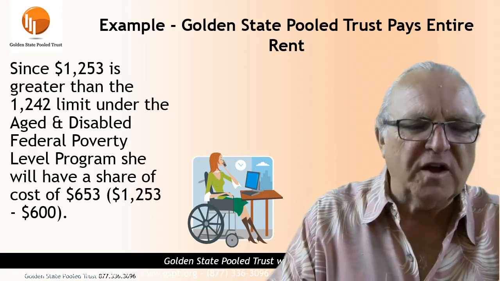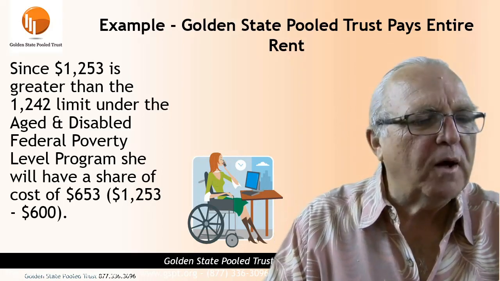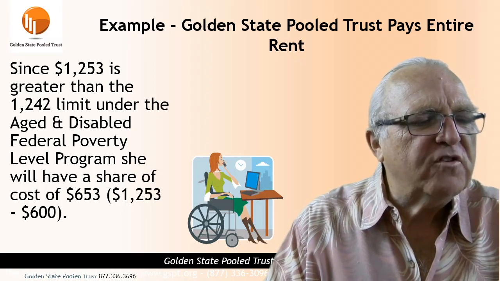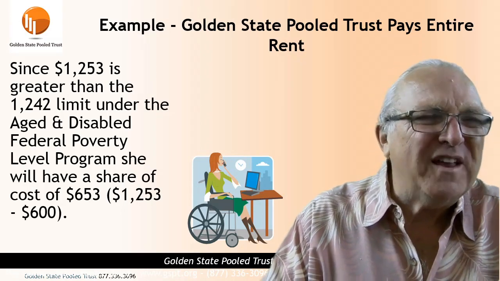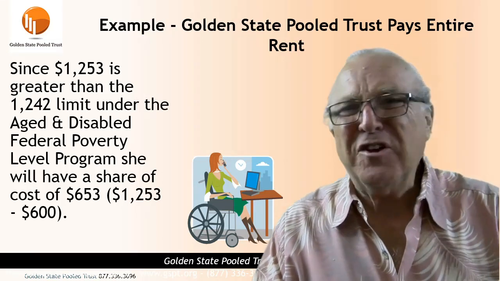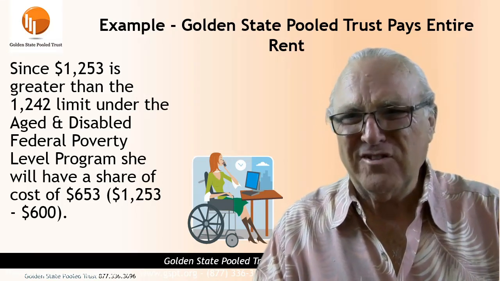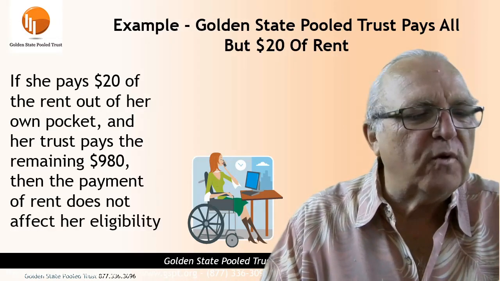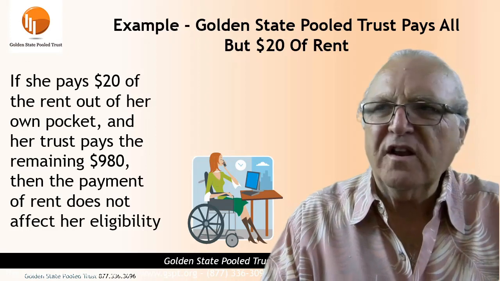We'd have to evaluate what we can pay without a problem. And in this case, we certainly could pay $980, and we're picking $20. I mean, you could pay the landlord $1, but why be insulting? So we might have her pay $20 to pay something, we pay the rest, and that's an easy way to get around this.